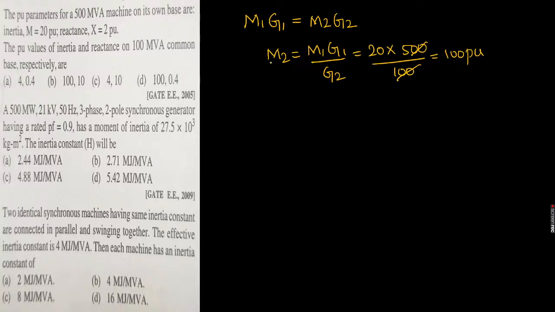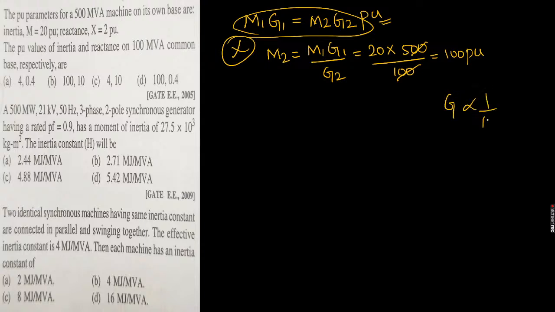That is the per unit value actually. I would like to conclude one more thing: in per unit, it is inversely proportional. Just remember this relation, because many of you may not know this one. The derivation I mentioned was just for you to remember. You need not think how that relation comes here, or how M came in the place of H. Don't think like that. This is inertia constant only. I am not bringing any relation here.